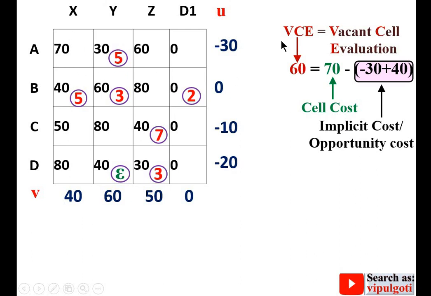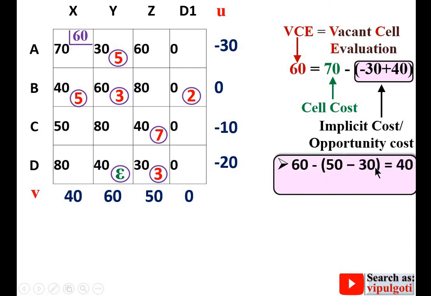So here you can see this 70 is the cell cost, and this implicit cost is the sum of the corresponding U and V, and so I can write over here 60. Similarly, if I want to find over here, then it will be 60 minus the sum of corresponding U and V. So if you simplify, then you will get 40.